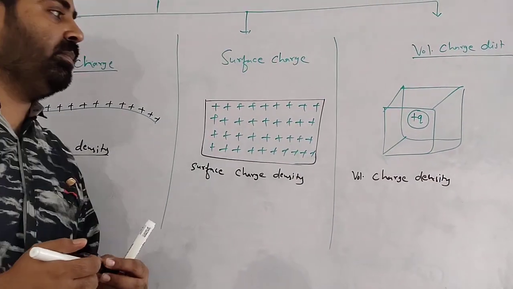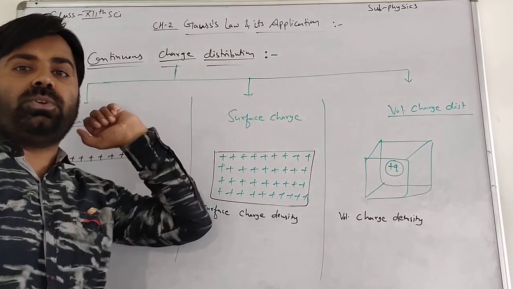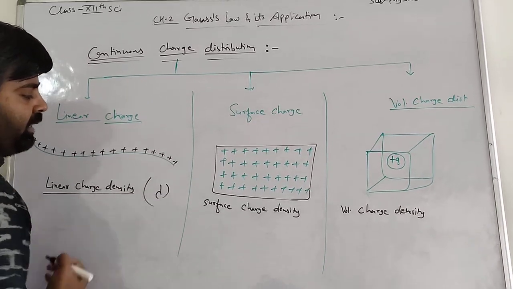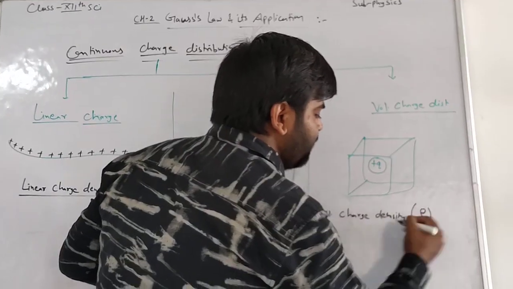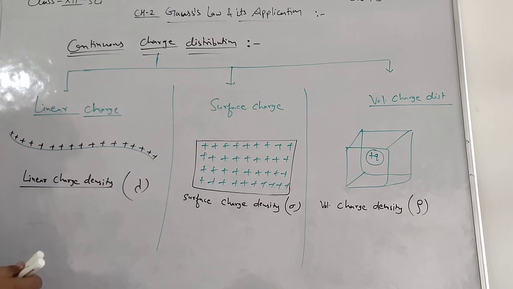These are the important terms which are used in the application of Gauss law. The linear charge density is denoted by lambda, surface charge density is denoted by sigma, and volume charge density is denoted by rho.